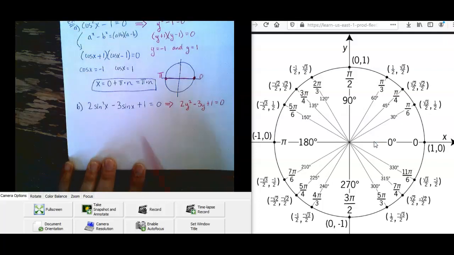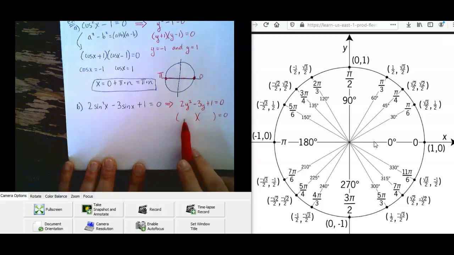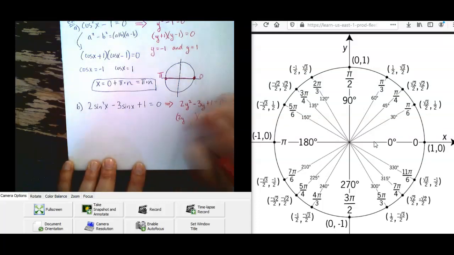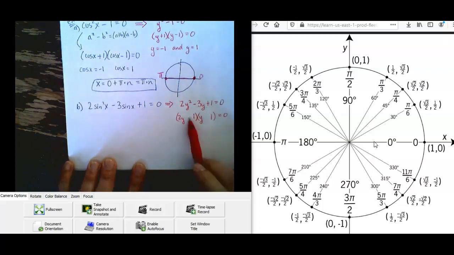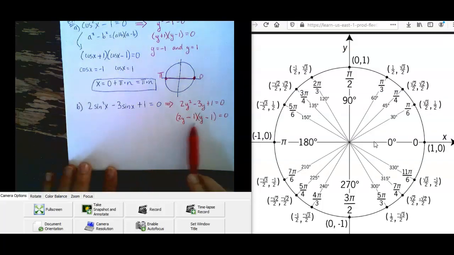It has that same look to it, except the y's are just sines. So how would I factor this? Well, we would have a binomial factor, right? The first terms have to be 2y and y, and the last terms have to be 1 and 1. The signs have to be the same but combine to give a negative, so both of them are negative.